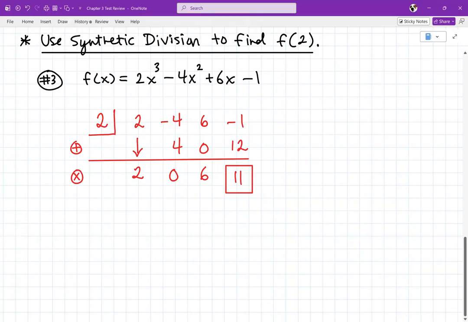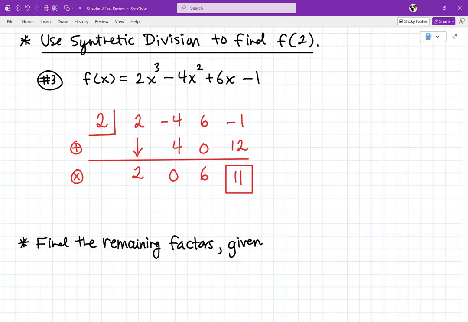So this next one, it's going to be find the remaining factors given one factor.